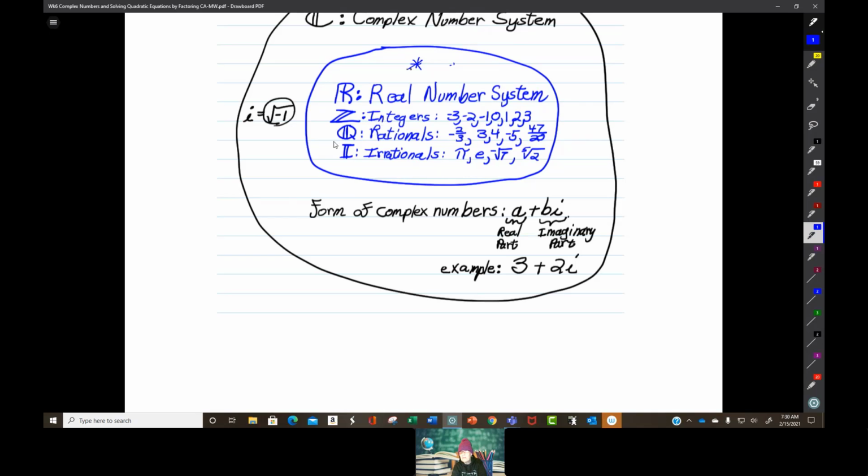You don't have to know that, I'm just showing you. And then there are the rationals. The rationals are numbers that are fractions or that can be made into fractions. All of the integers can be made into fractions, so they're part of the rationals. And a Q with 2 bars is the symbol for the rationals.